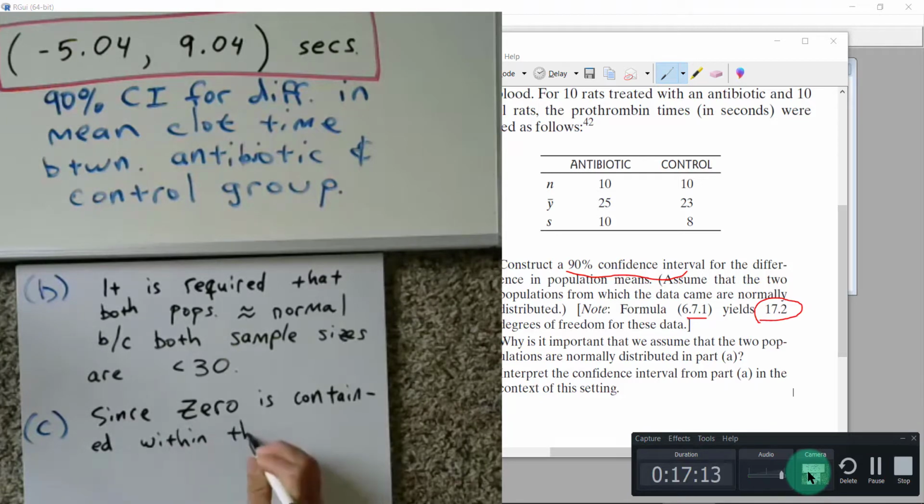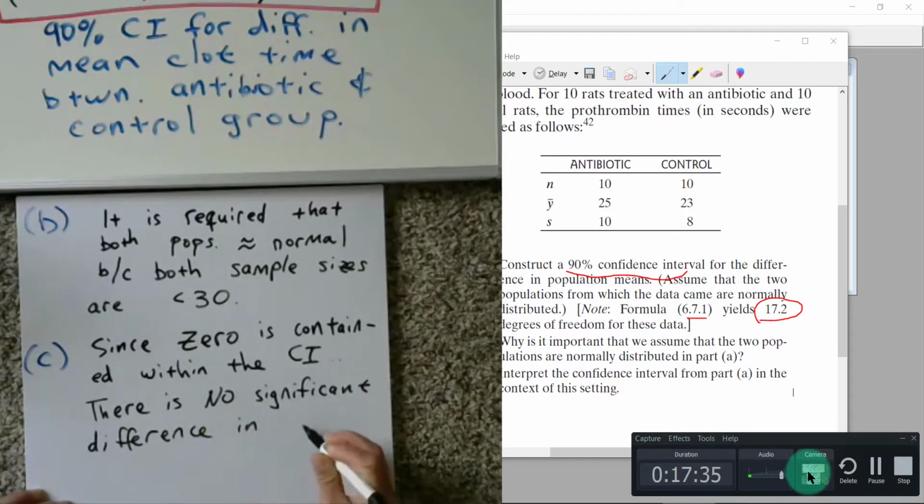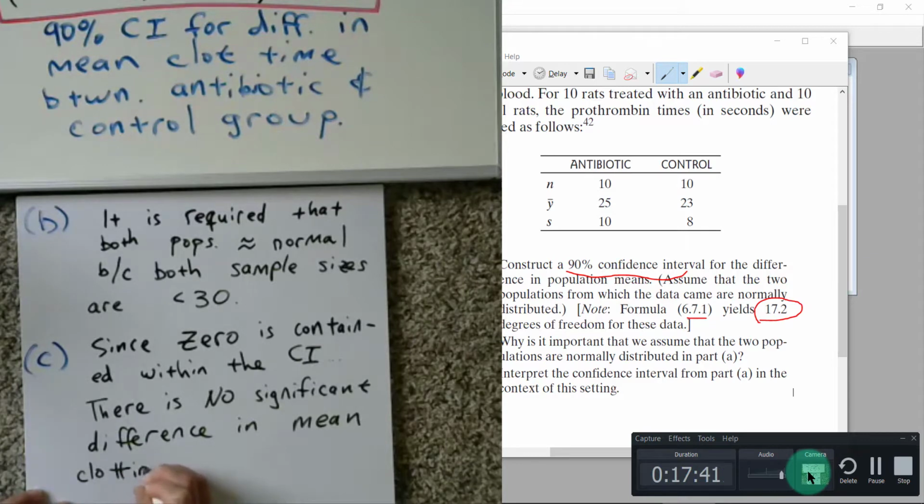within the confidence interval, that implies that there is no significant difference in the average or mean clot time between the antibiotic group and control group.